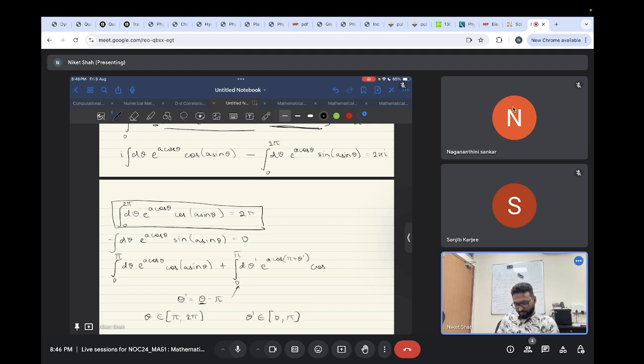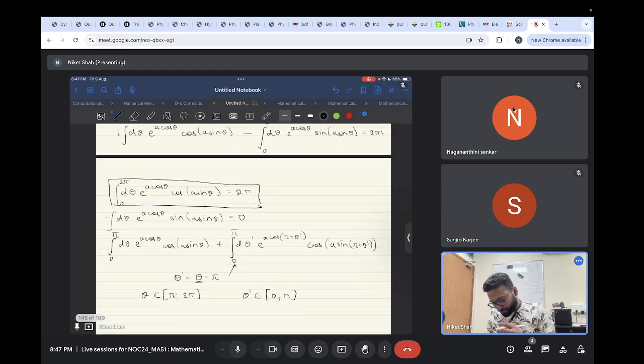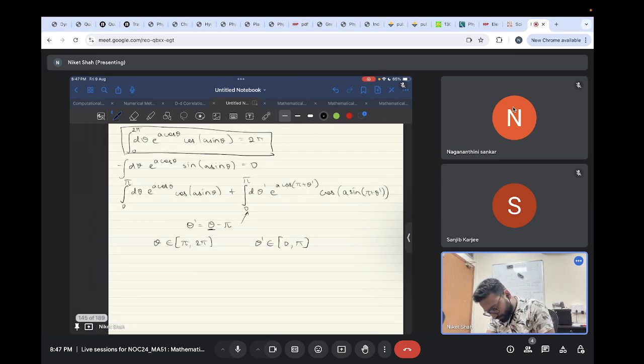Cos of a sine pi plus theta prime. D theta and d theta prime are the same, so there won't be any change in that case at least.